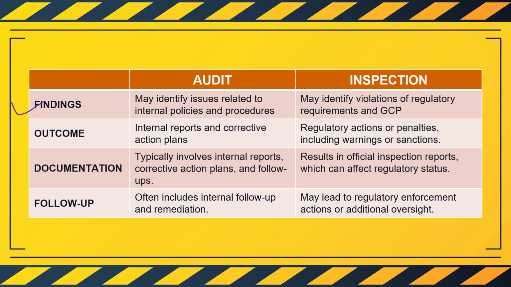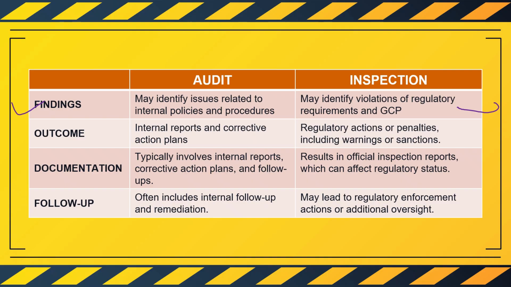His focus would be how you are complying with the procedures and the policies at a particular site, along with protocol deviations related to the procedures, or violations related to the SOPs, whether there are any or not. But when it comes to inspection, the findings would majorly focus on the regulatory requirements. If there are any lapses in the regulatory requirements, or any lapses in the GCP, they would focus on that particular aspect. So understand the findings would be very different between an auditor and an inspector.